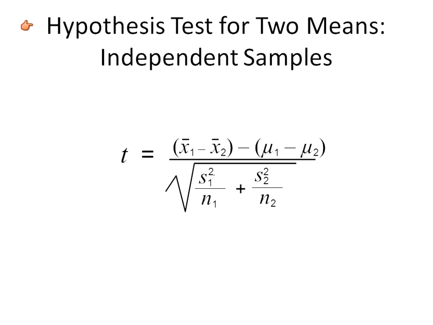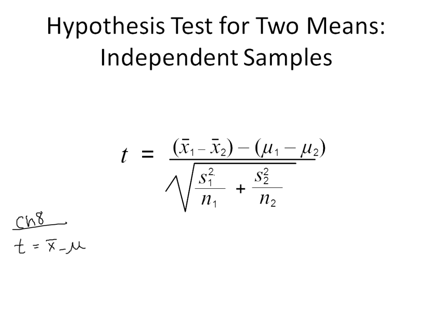Okay, so we're going to start off with hypothesis testing. So if we're doing a hypothesis test for two means, and we have independent samples, this is the test statistic we use. So remember the one from where we had one sample? Just to remind you, back in Chapter 8, our test statistic looked like this.